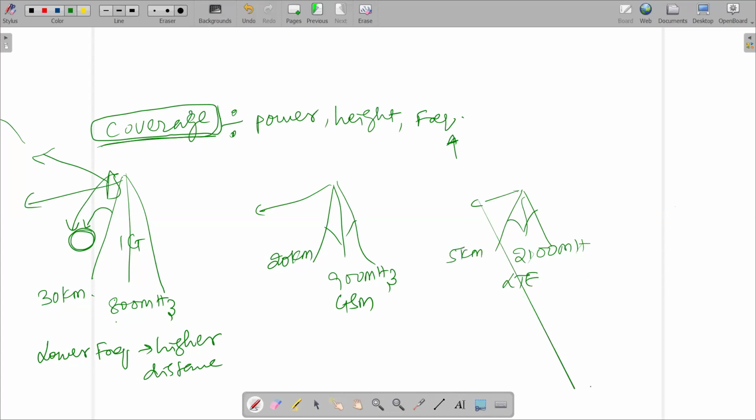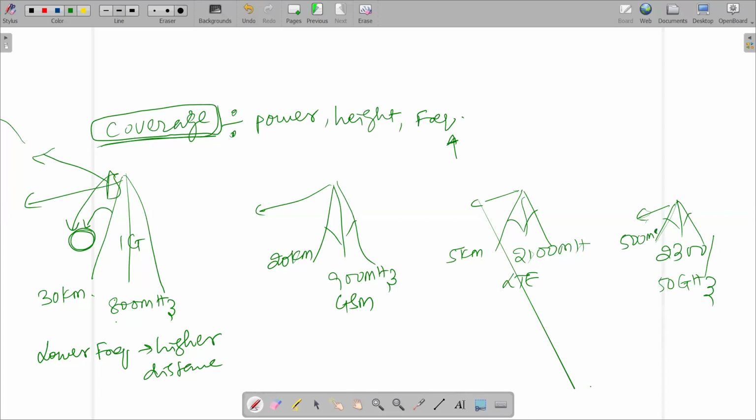For 5G at 2300 and not only 2300, people are even using mmWave, 50 gigahertz. Then definitely I can say this travels not even 1 kilometer, in terms of 500 meters.